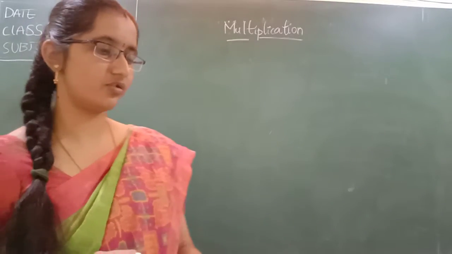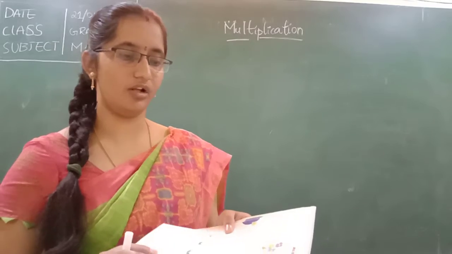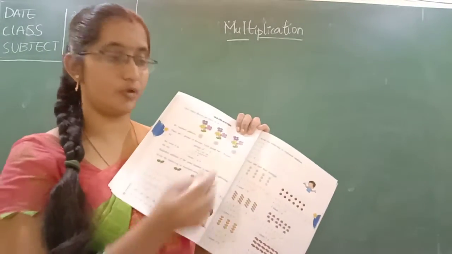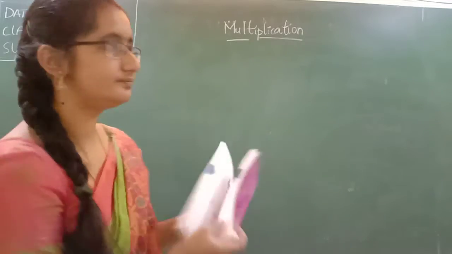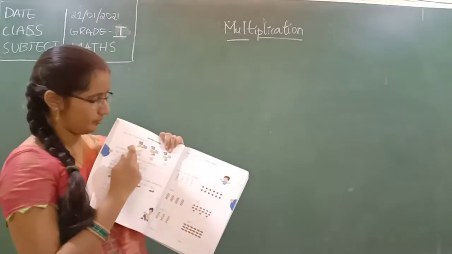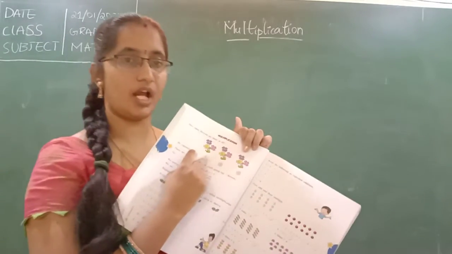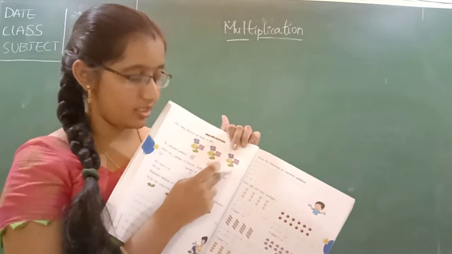We have some flowers over here. How many flowers are there in all? We gave some flowers in one group. In one group, they gave 3 flowers. So how many groups like this do we have? 3.